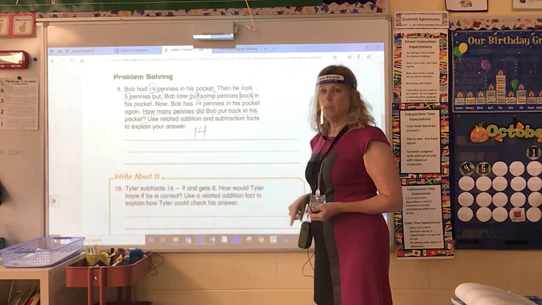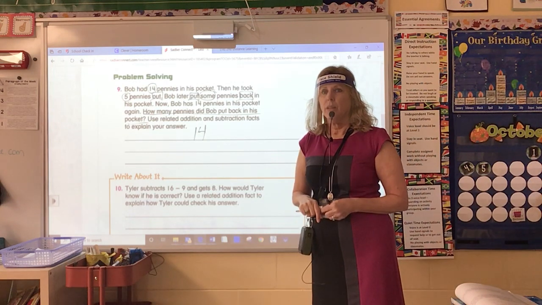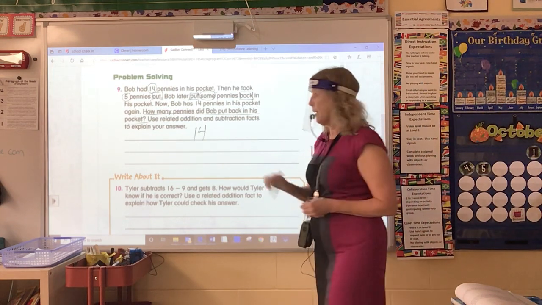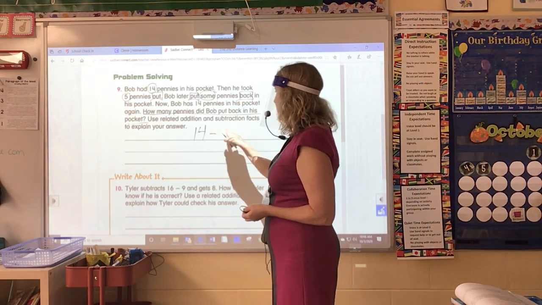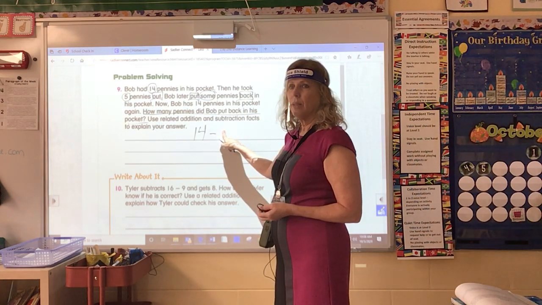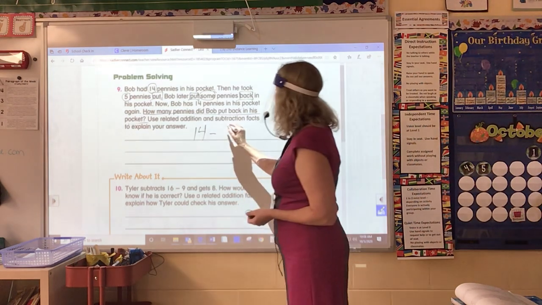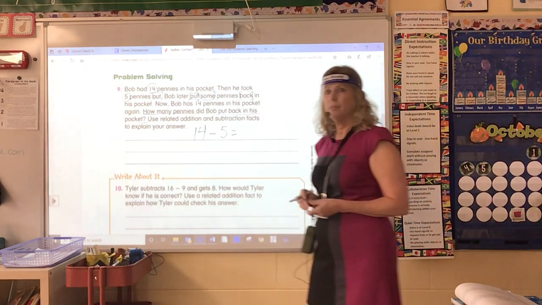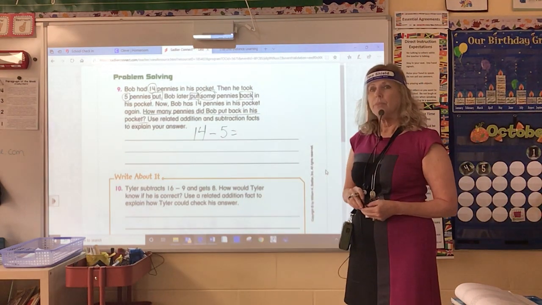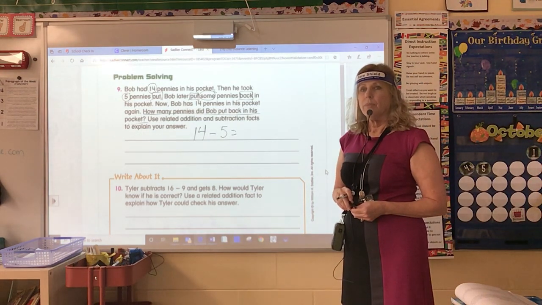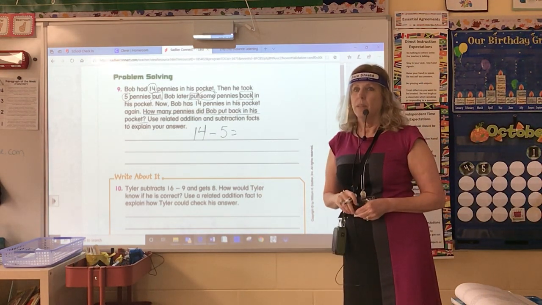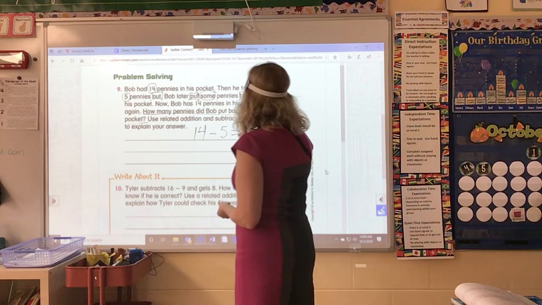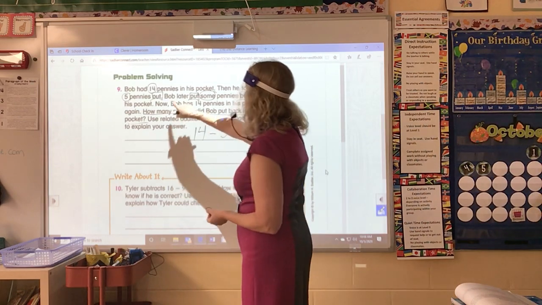So are we adding or subtracting? Subtracted. Okay. What's going to go here? 5, which equals? 9. Okay. That's our first part.